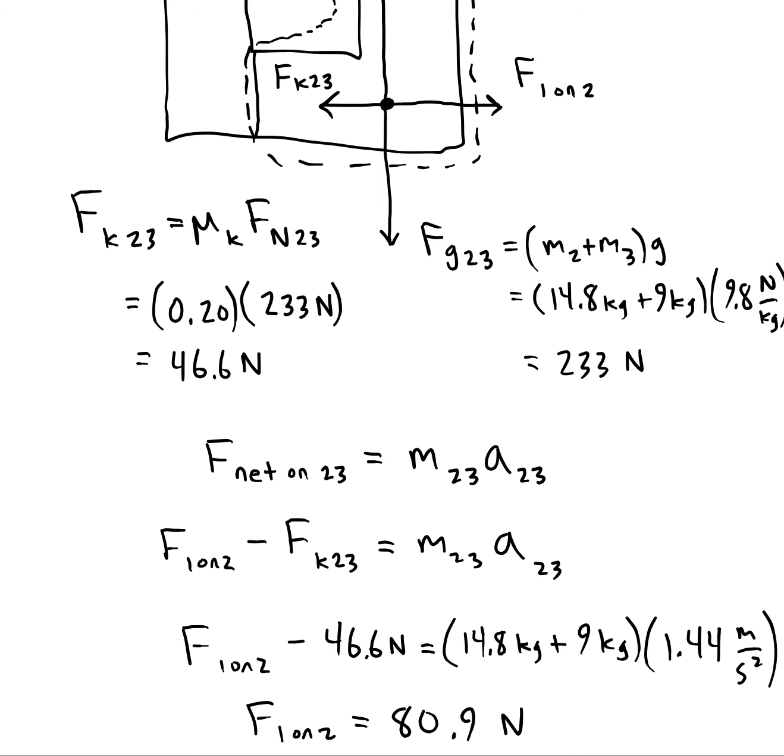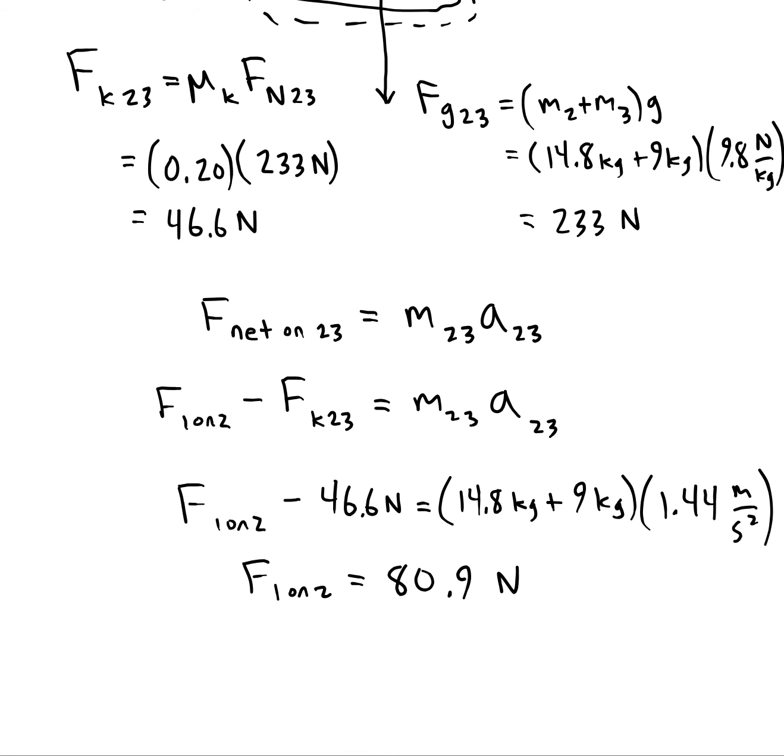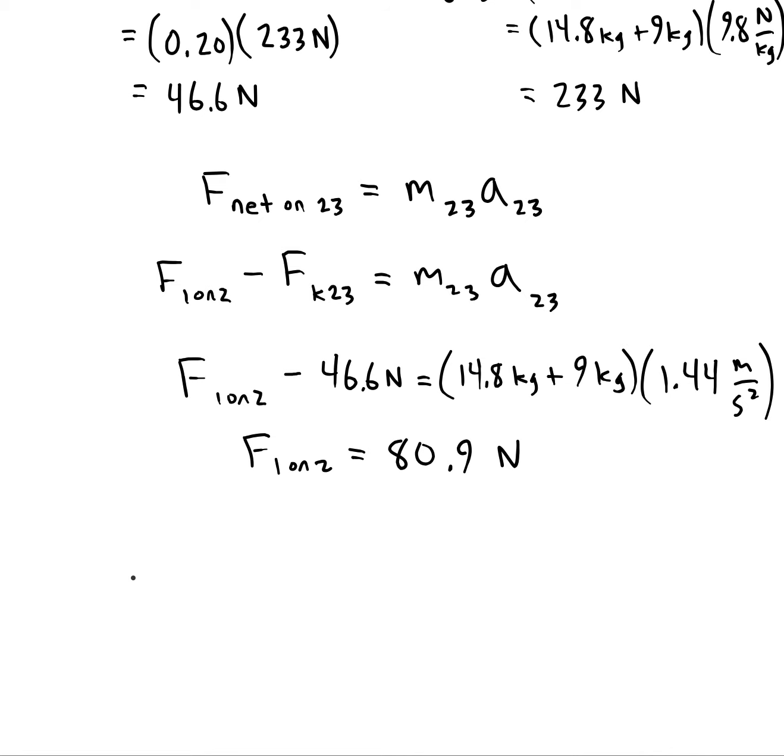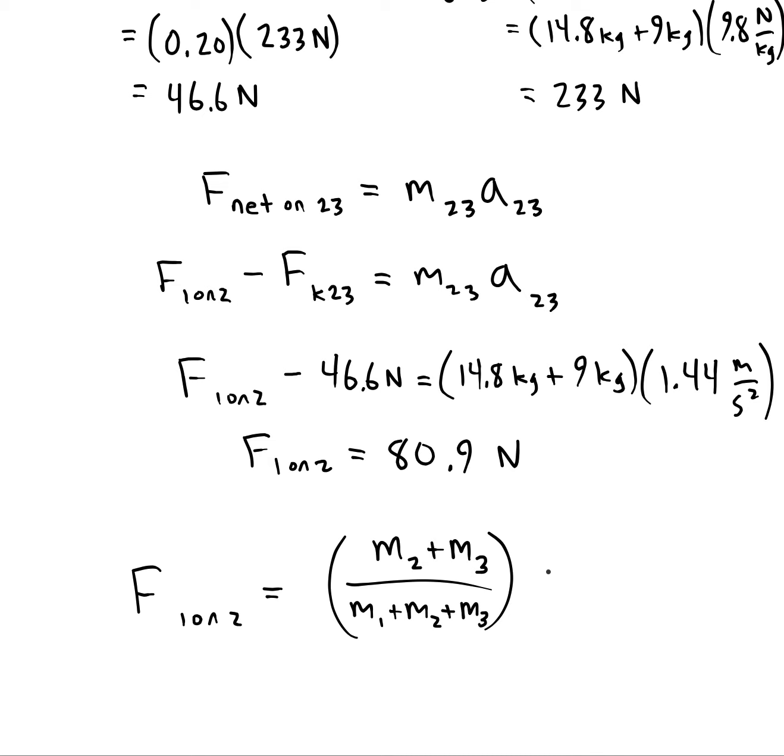So we could have used the shortcut formula, of course. The shortcut formula would be that F1 on 2 will be that fraction of the mass of the things that we're pushing divided by the total system mass, and then times the force that's applied by the person or whoever's doing the pushing.